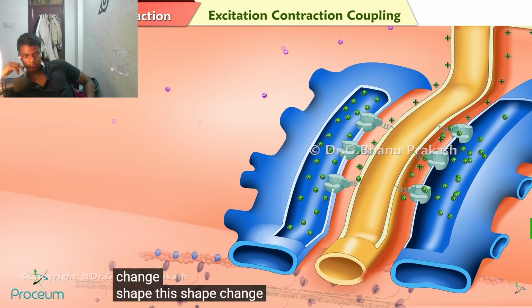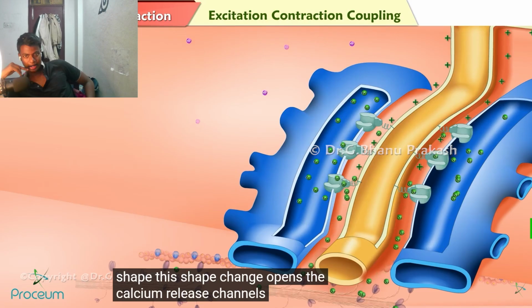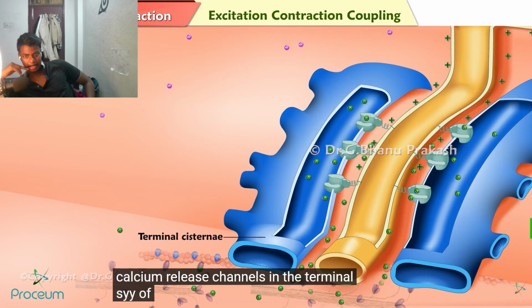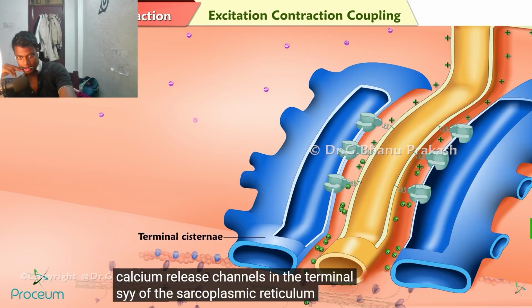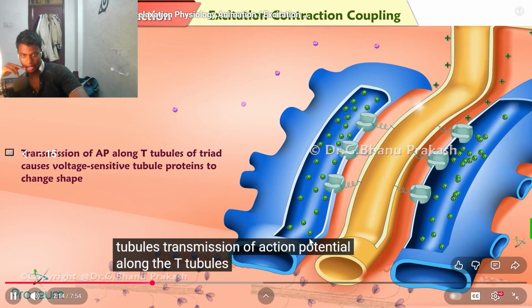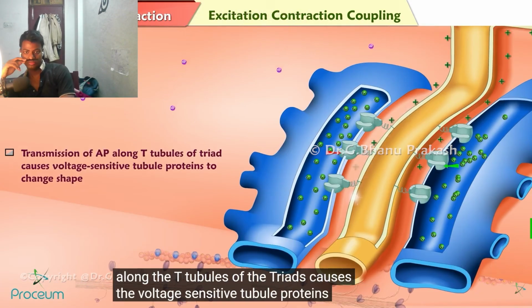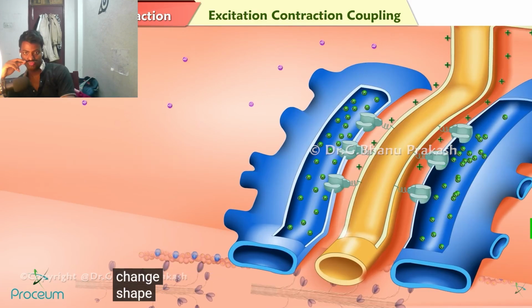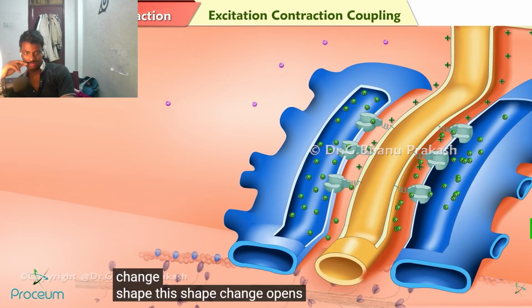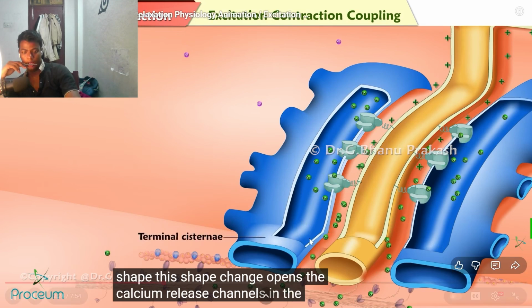This shape change opens the calcium release channels in the terminal cisternae of the sarcoplasmic reticulum.